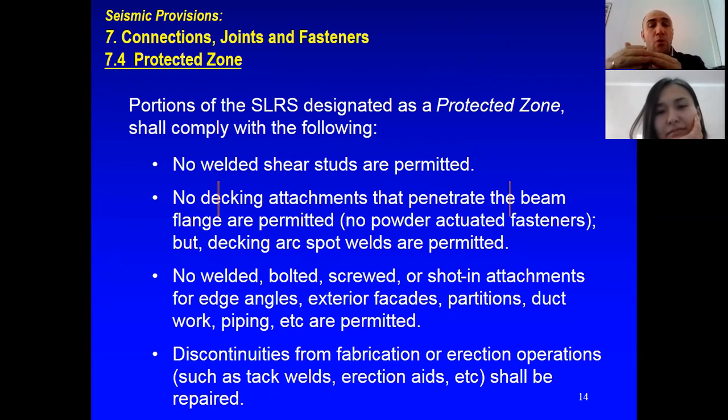These portions of the frame are designed as, and called, protected zones. This section of the seismic provisions states that essentially nothing can be welded, bolted, or shot-pin attached in the protected zone.